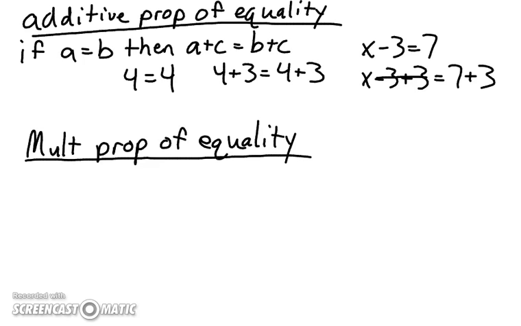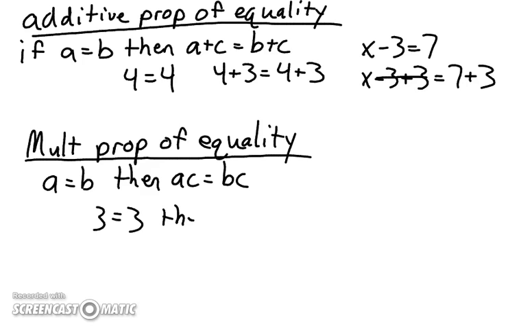The multiplicative property of equality is the exact same thing. Okay? So if you have A equals B, then AC equals BC. So if you have 3 equals 3, then 3 times 4 equals 3 times 4.